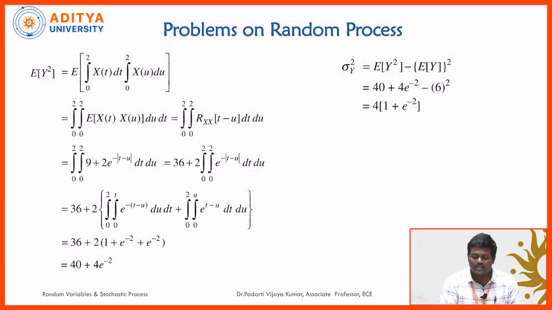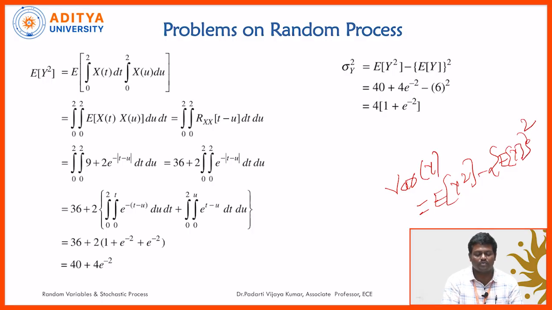Before computing the variance, we know that the variance is expectation of y² minus the expectation of y whole square. So, we need to compute the mean square value of y, expectation of y². Here, expectation of x(t) x(u) looks like a correlation function Rxx(t - u).